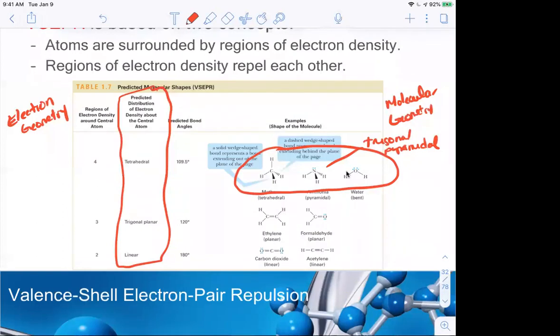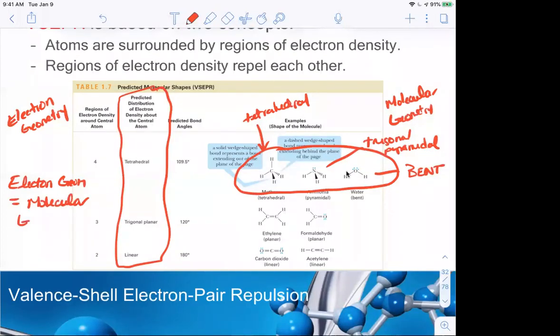The electron geometry is tetrahedral, but the molecular geometry is trigonal pyramidal. And then this is going to be bent, like water. And then the molecular geometry here is just tetrahedral. So remember, the electron geometry is equal to the molecular geometry if I have no lone pairs.